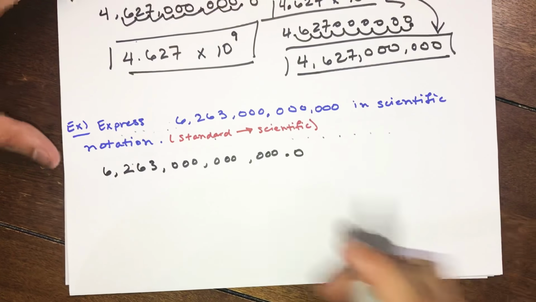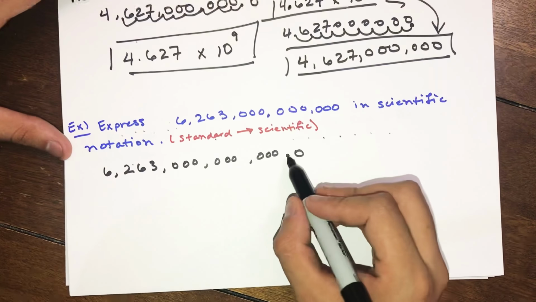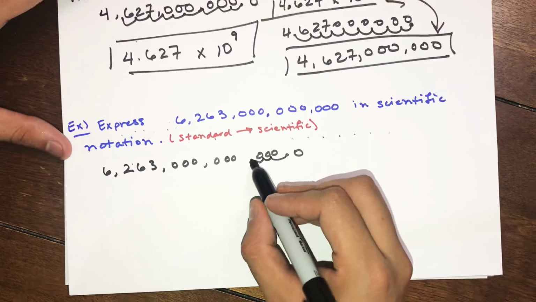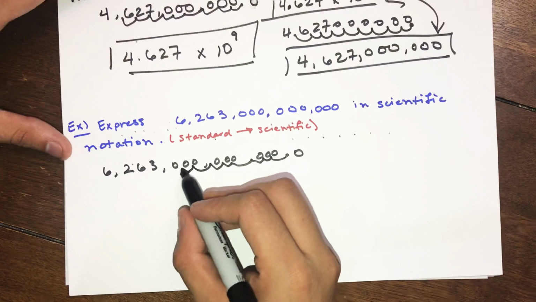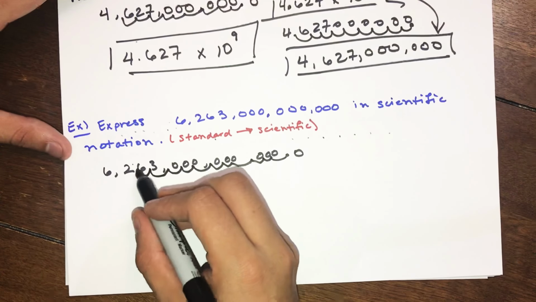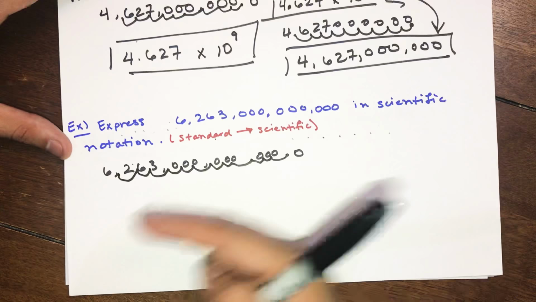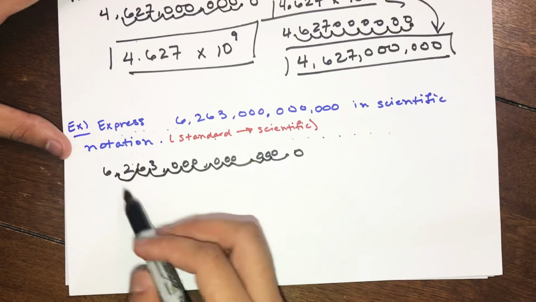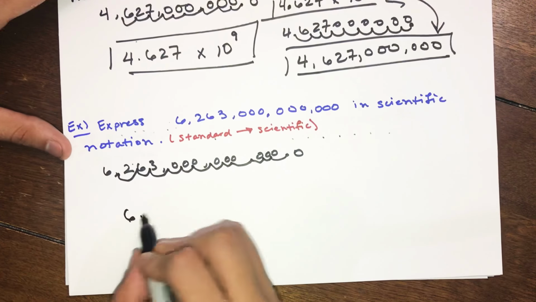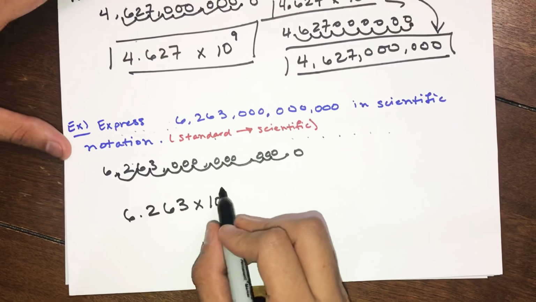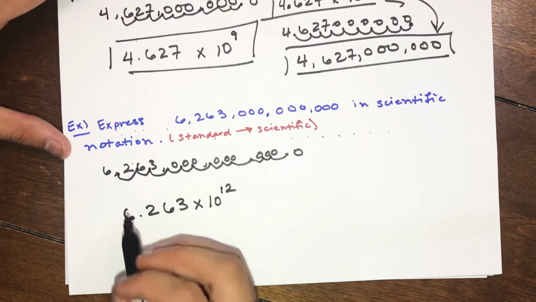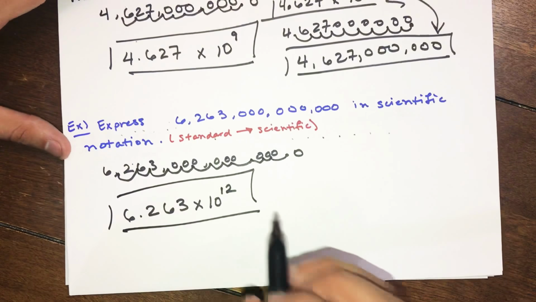So we're going to have 1, 2, 3, 4, 5, 6, 7, 8, 9, 10, 11, 12. 12 jumps to the left so that we get this number in between 1 and 10. So we're going to have 6.263 times 10 to the 12th. All right, and that's it. Now it's in scientific notation.